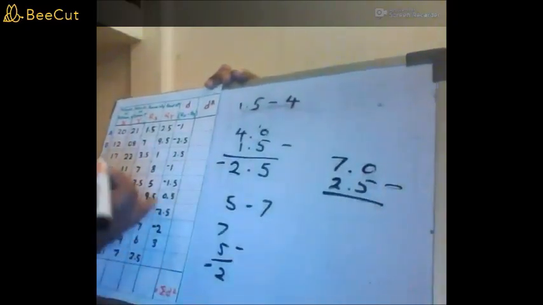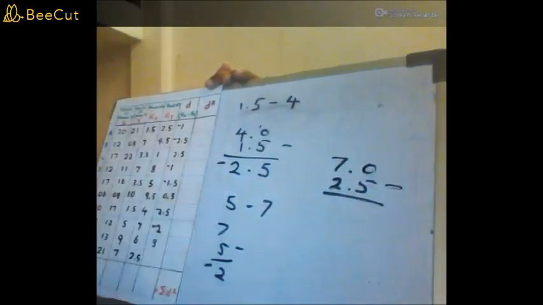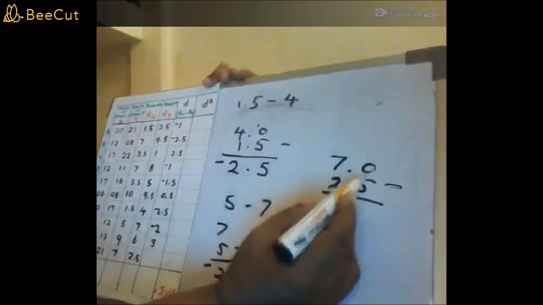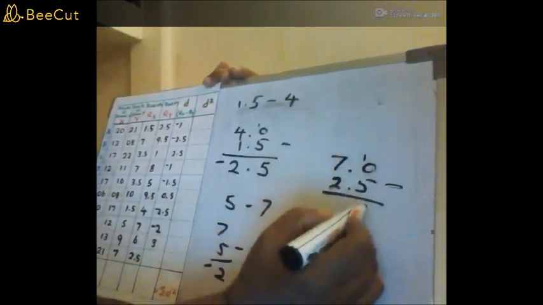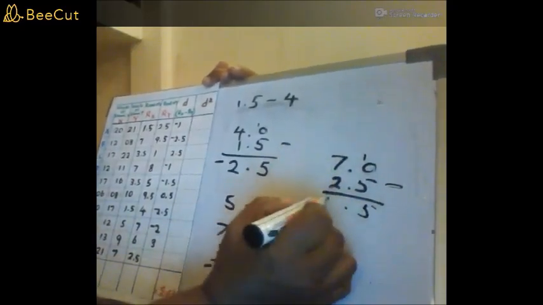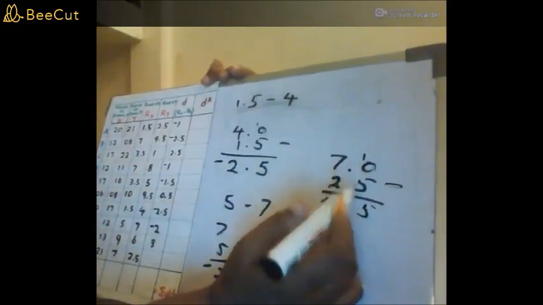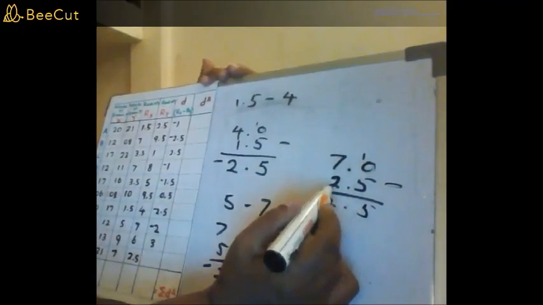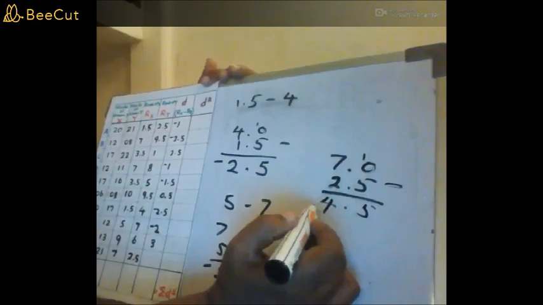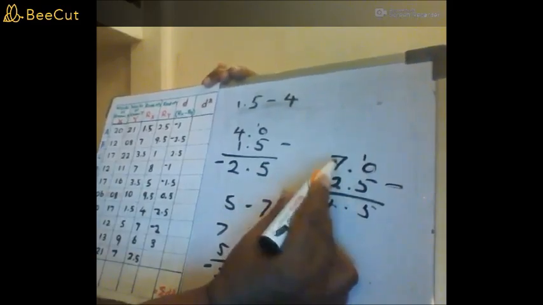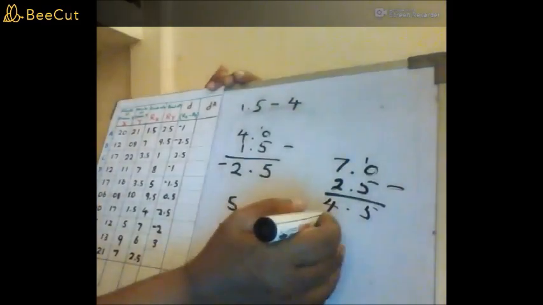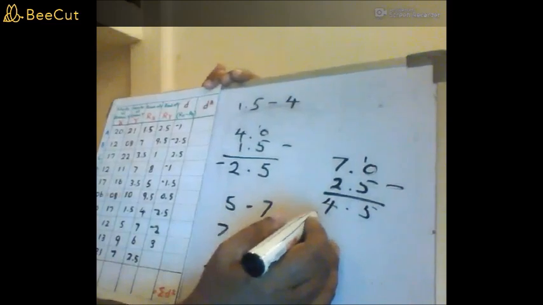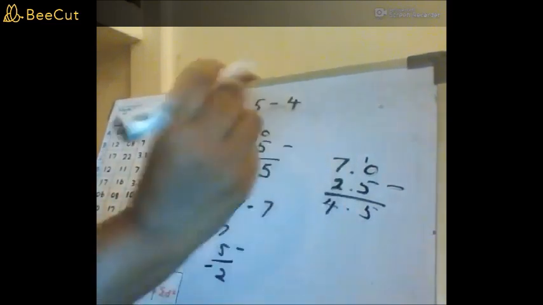If one digit is wrong, the whole thing is wrong. So it's 5. Now it's 6. It's 4. Double check. 1 is there. So 4 plus 1, 5 plus 2, 7. So 4.5.